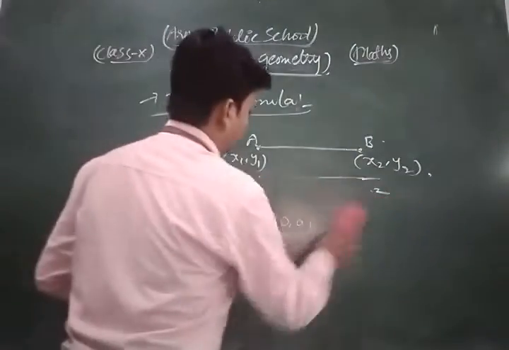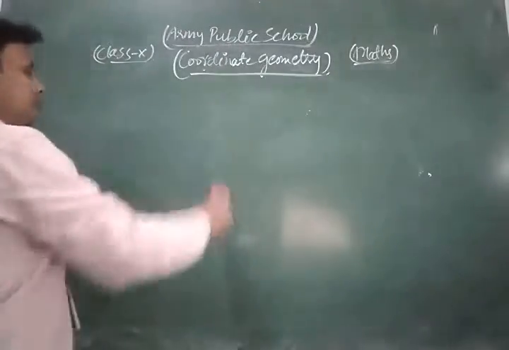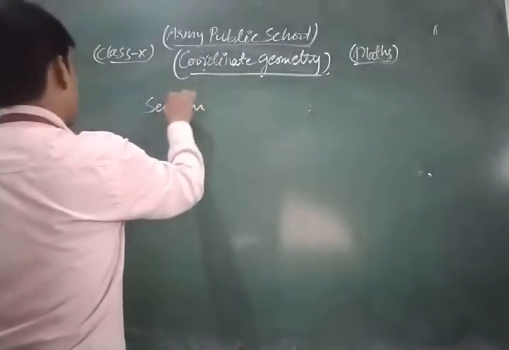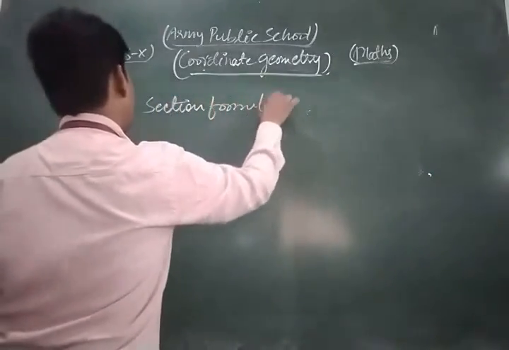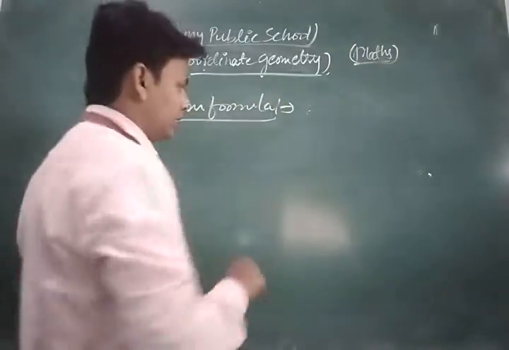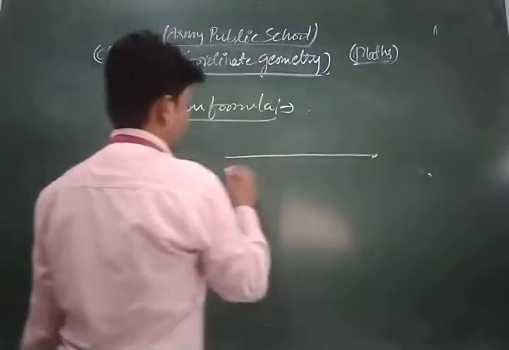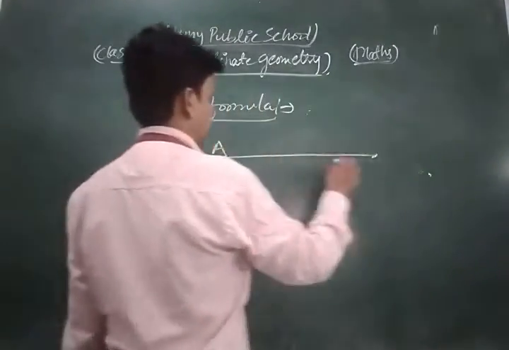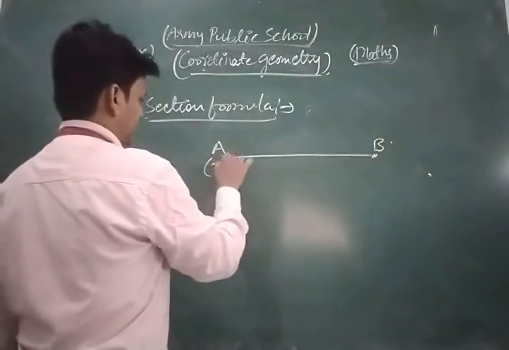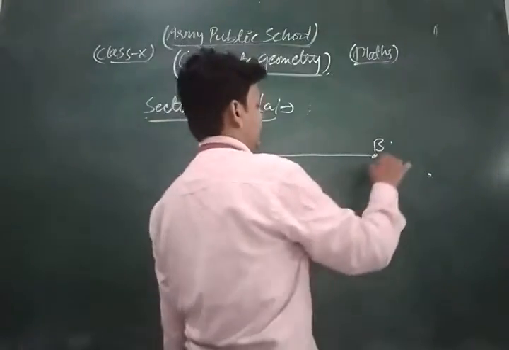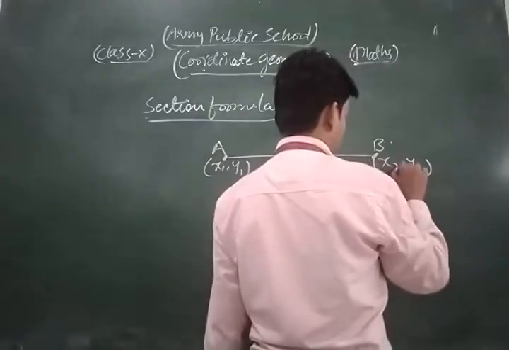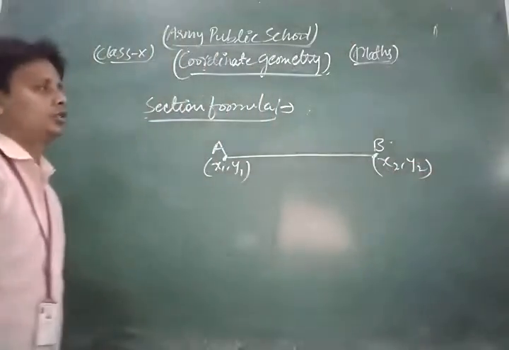Now look, the next very important formula related to your topic is the section formula. In the section formula, suppose that there are 2 points A and B, and their coordinates are x1, y1 and x2, y2 respectively.